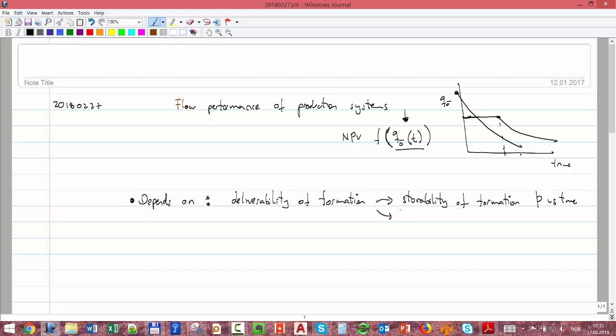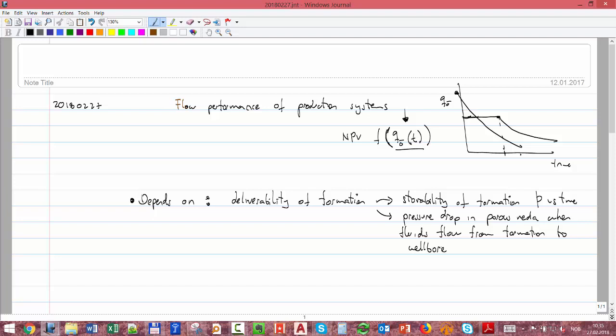And then the other thing is the pressure drop in the porous media when fluids flow from the formation to the wellbore.